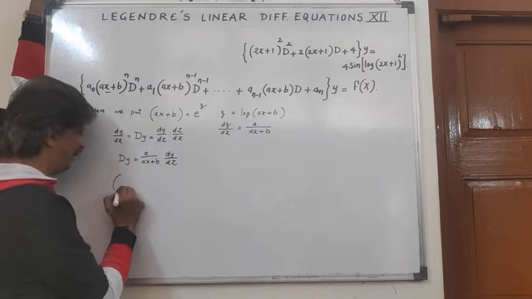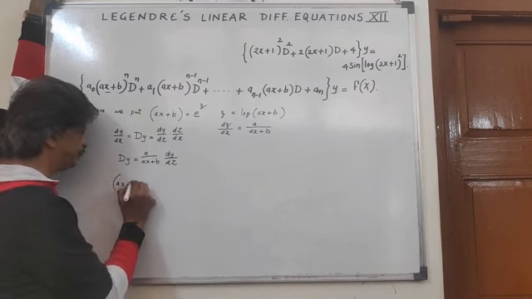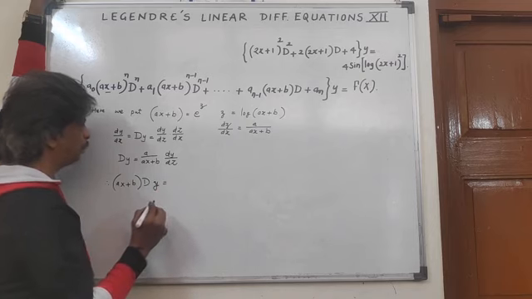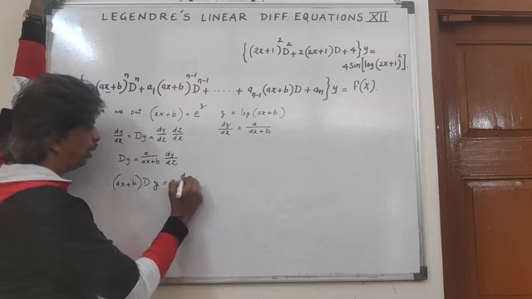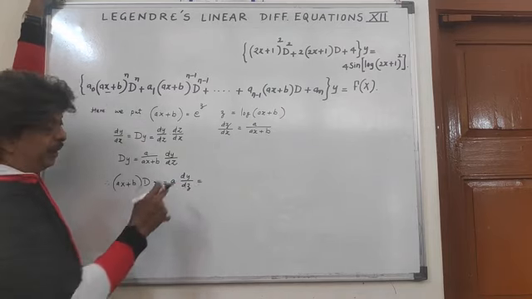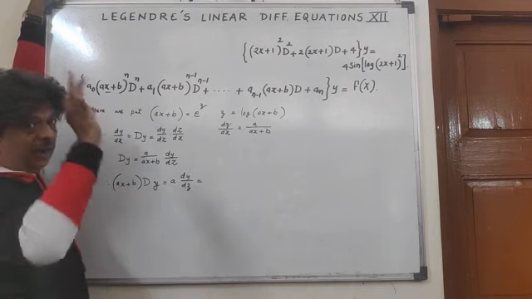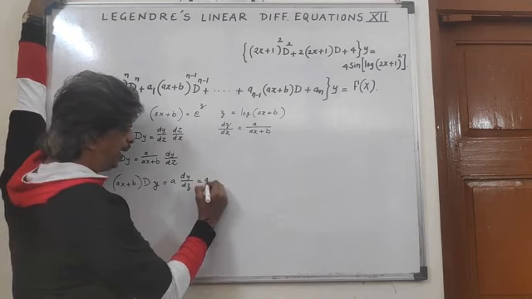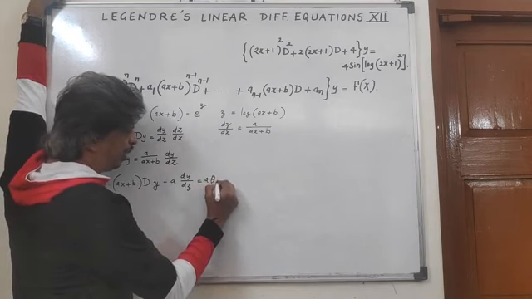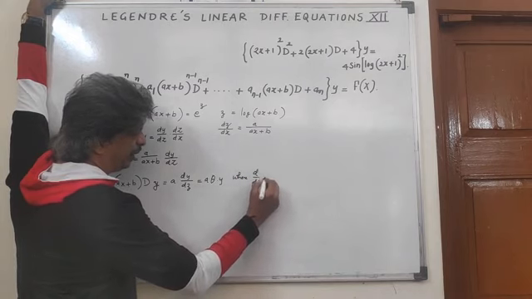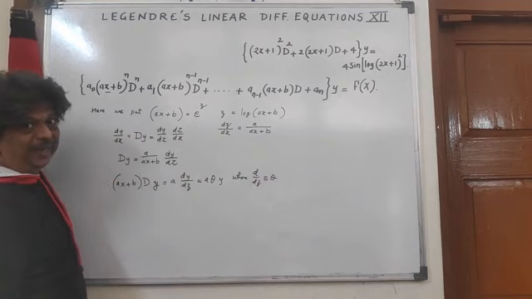Therefore ax plus b times capital D operating on y is also equal to a into dy by dz. Now if we represent d by dz as theta, as we did in Cauchy's linear differential equation also, here the same fundamentals, so it is a theta of y, where d by dz is equivalent to this operator theta.